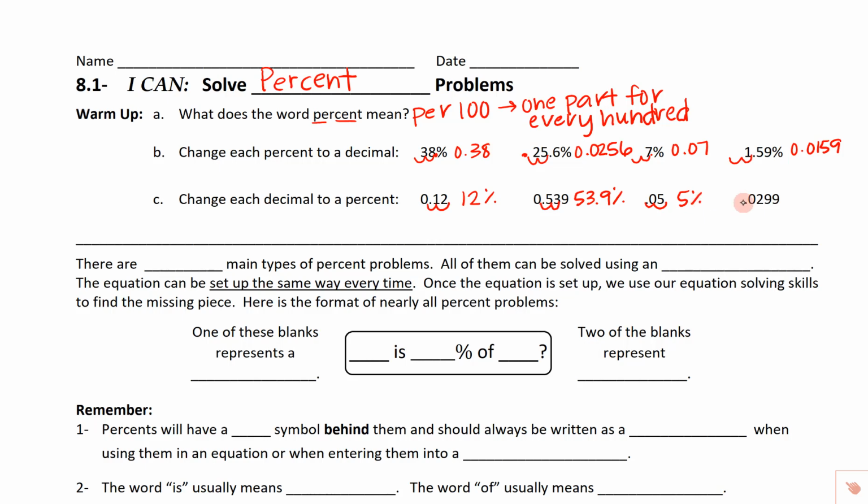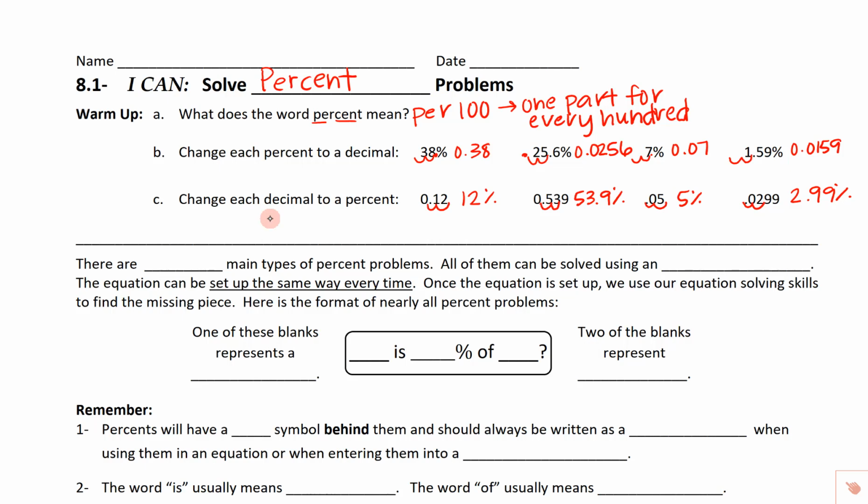And then move this one over twice, we would get 2.99%. So having that knowledge will be very useful today, changing percents to decimals and decimals to percents.